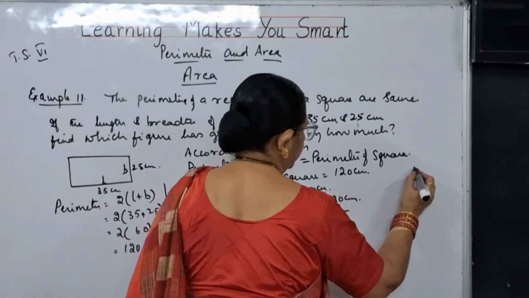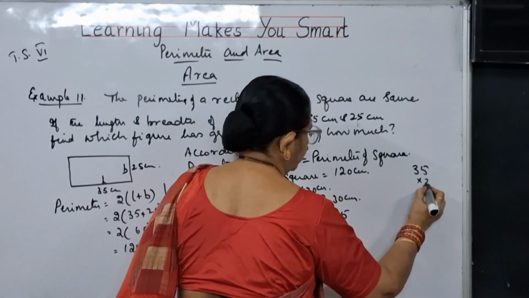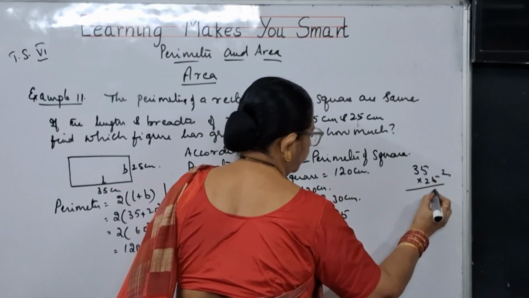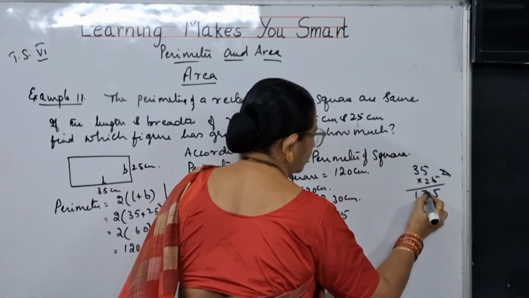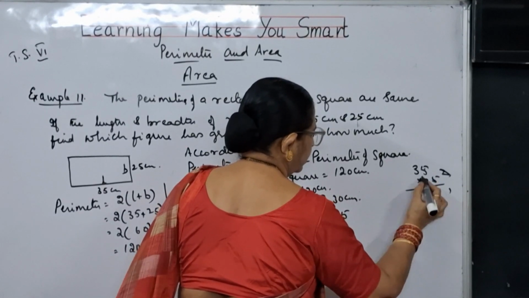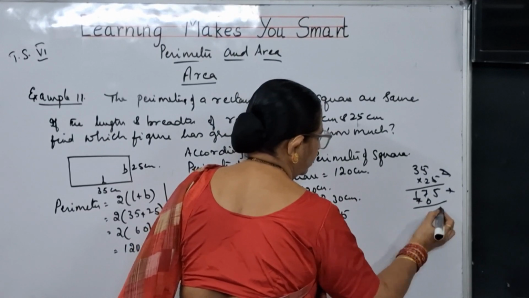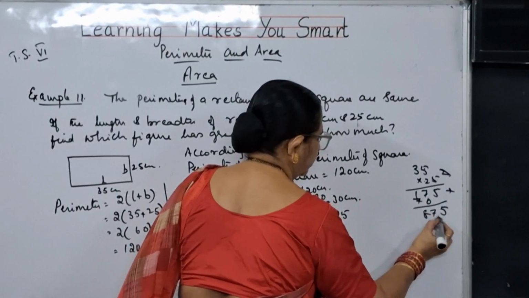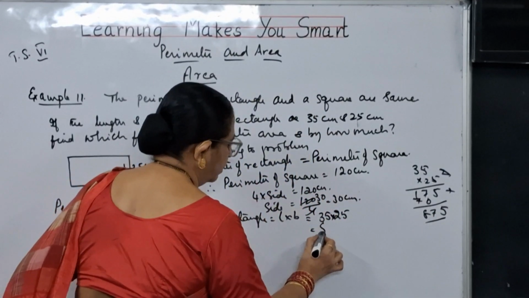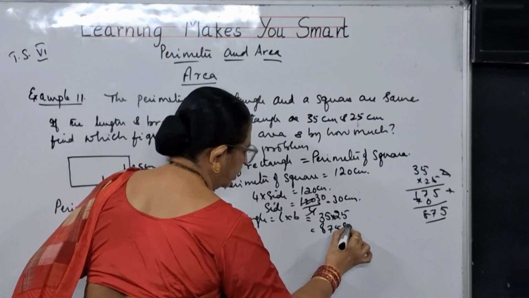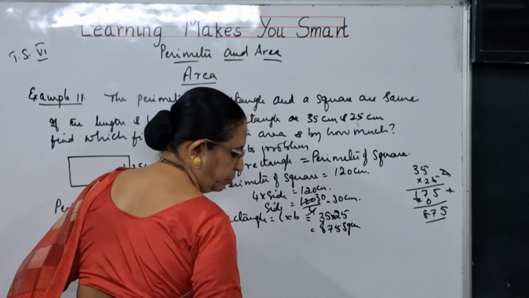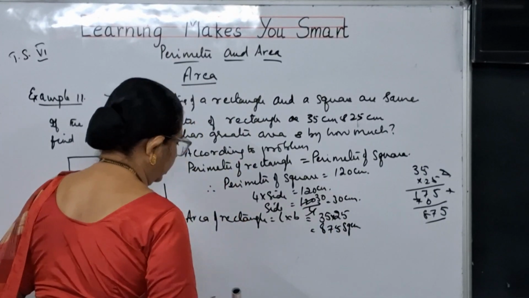So let us see 35 into 25: 5 5s are 25, 2 5s are 10, 2 3s are 6, 875. 875 square centimeters is the area of rectangle.